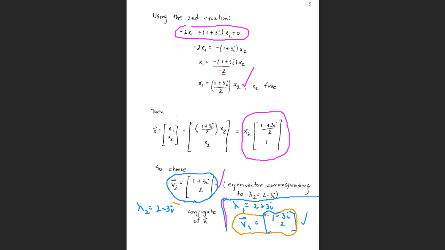Once we knew that v1 was the eigenvector with entries 1 minus 3i and 2, we automatically know the other eigenvector has entries 1 plus 3i and 2. See that? How many think that's really cool? Yeah, it really is.